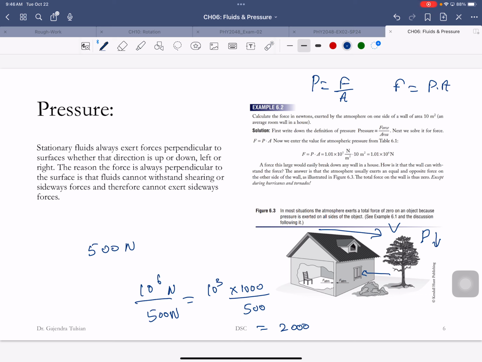So if there's a lower pressure on the top, the air inside the house is not moving. That's still at 1 atmospheric pressure, and it'll exert a large force on the roof, and that's how the roofs get blown away. So during hurricanes and tornadoes, you have to worry about the effect of this pressure.